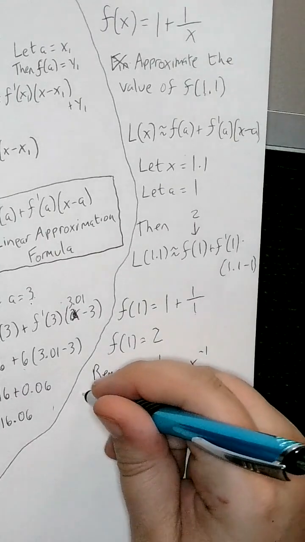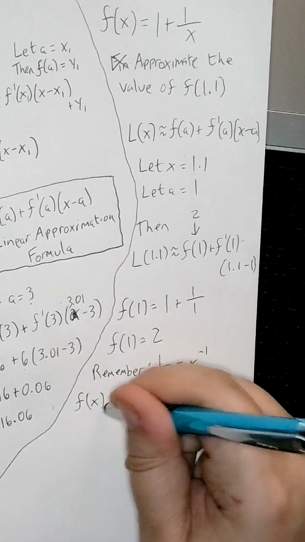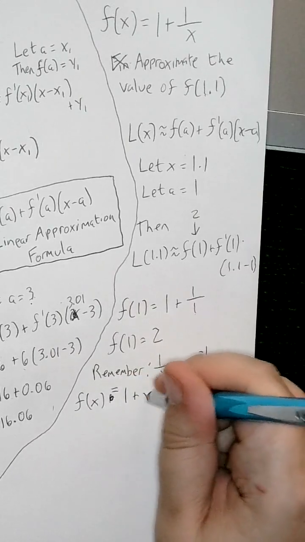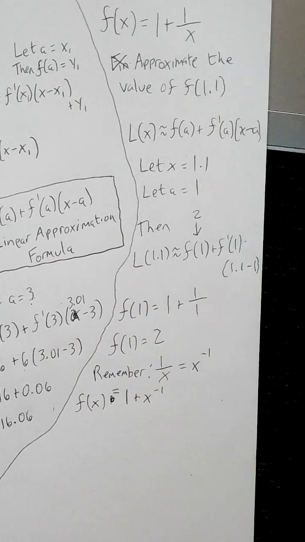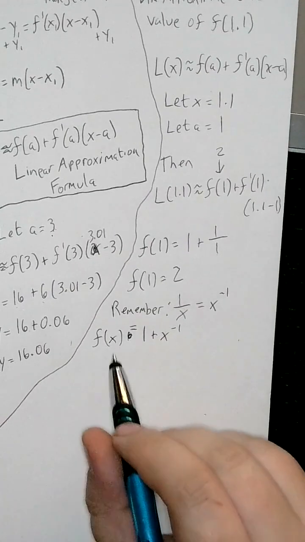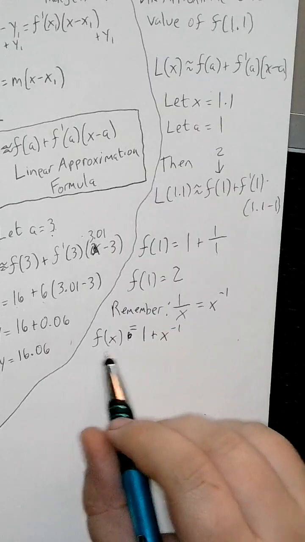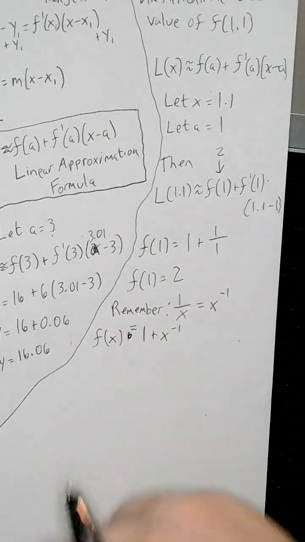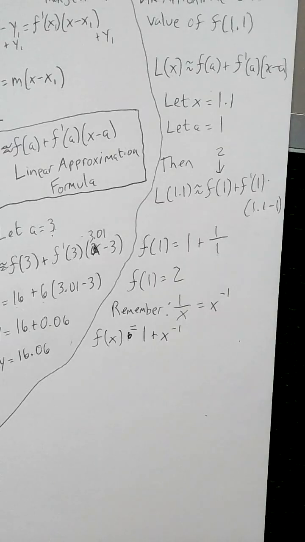So now f of x is equal to, not plus, is equal to 1 plus x to the negative first. Let's go ahead and take the derivative of 1 plus x to the negative first. So what would the derivative of that be?